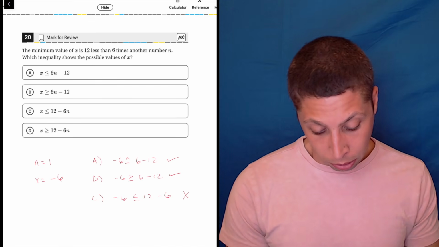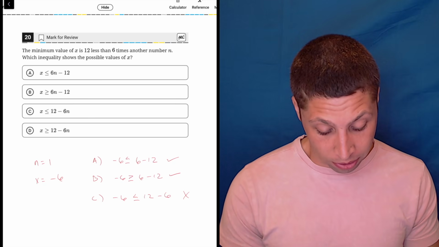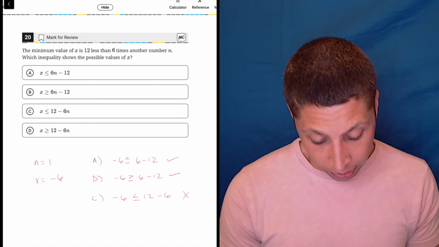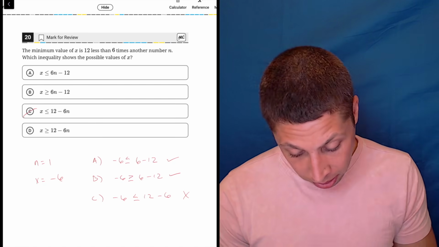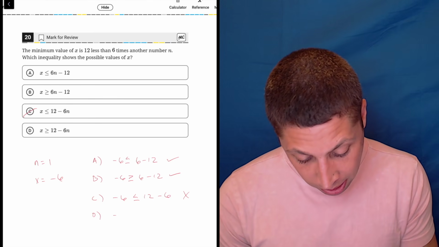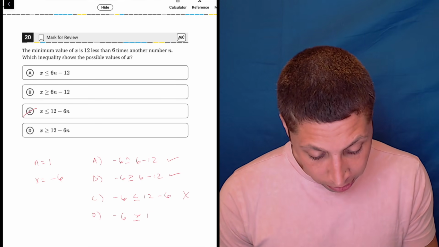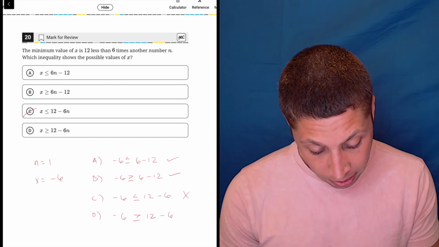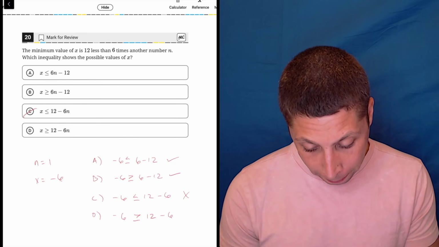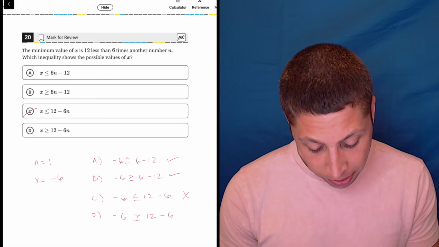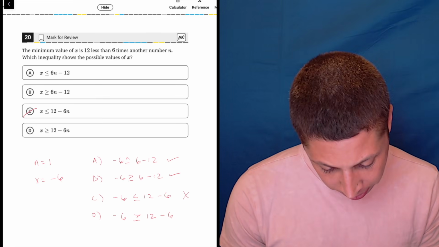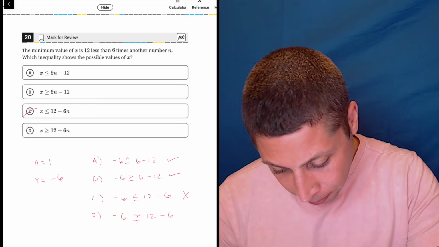That's not true. 12 minus 6 is positive 6. So negative 6 is not less than positive 6. That's gone. And then D, negative 6 is greater than or equal to 12 minus 6. And so that does work. 12 minus 6 is 6. No, wait. Sorry, I'm confusing it.